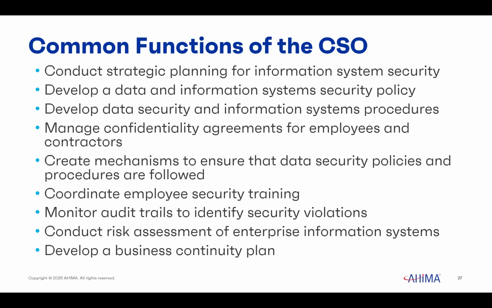In other words, the guides to action, how we're actually going to do it. They manage all the confidentiality agreements for the employees and the contractors, and I had some responsibility with that at one of the organizations I've worked for. So you have to keep some sort of electronic or paper file saying who the people are, when they sign the agreement, what have you.